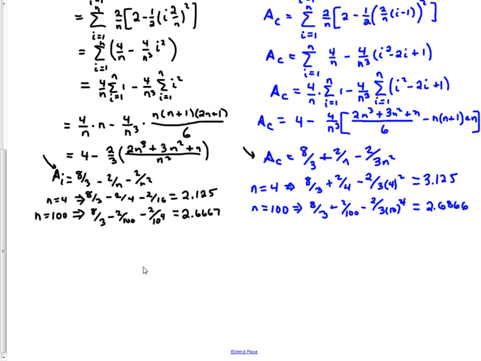If we take this and we work out a limit as n goes to infinity, that is, increase the number of rectangles underneath our curve, of our quantities 8/3 minus 2 over n minus 2 over n squared, sure enough, we find that the area under our curve is 8/3. And so this is actually a really, really useful kind of thing to do.